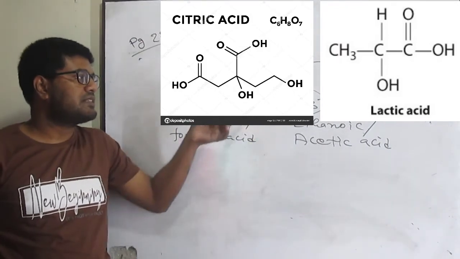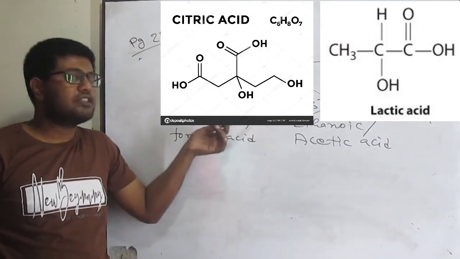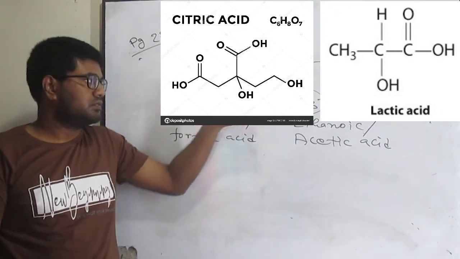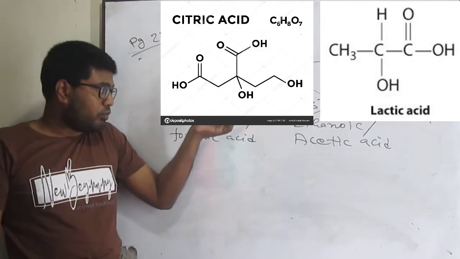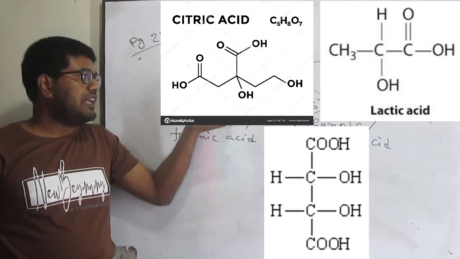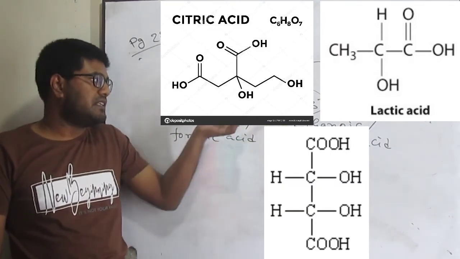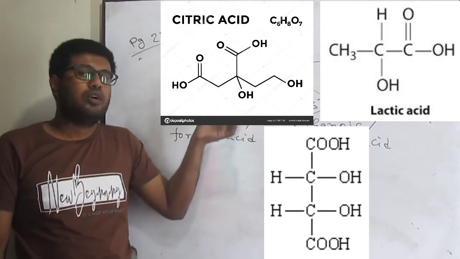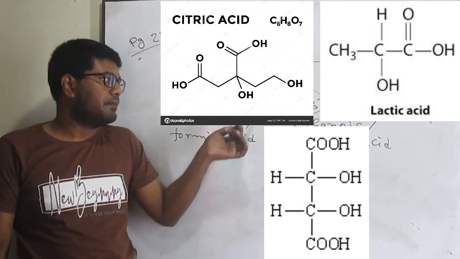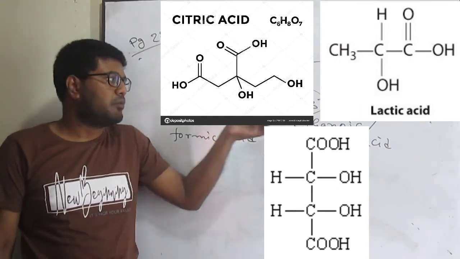So you should memorize the formula, but this is not given in our book. Then the formula of tartaric acid is also given on my board. So observe this formula, write it in your copy. Then you should memorize this formula.